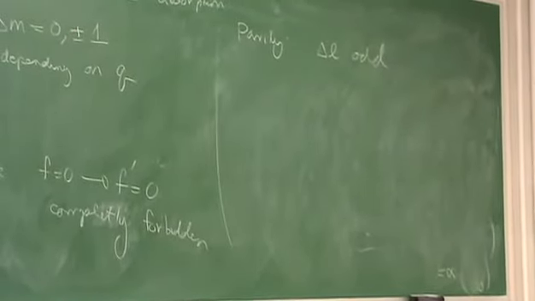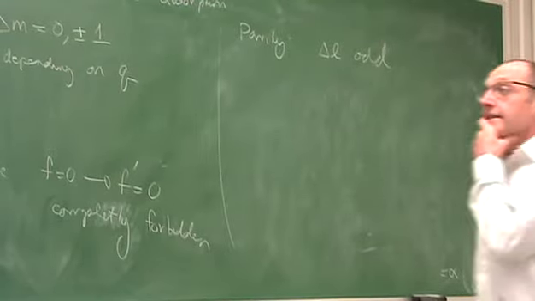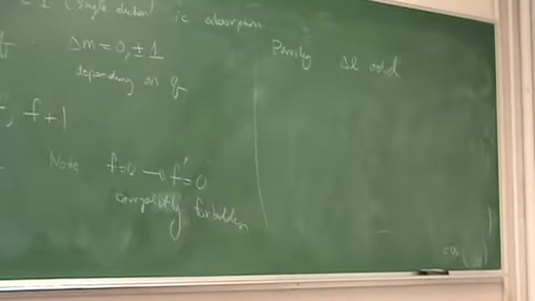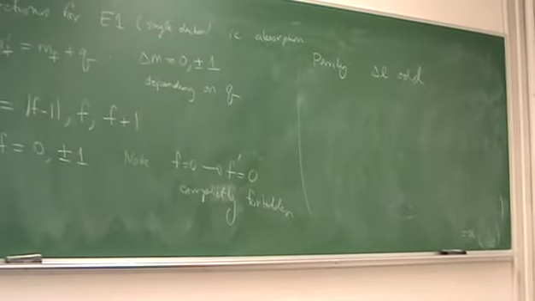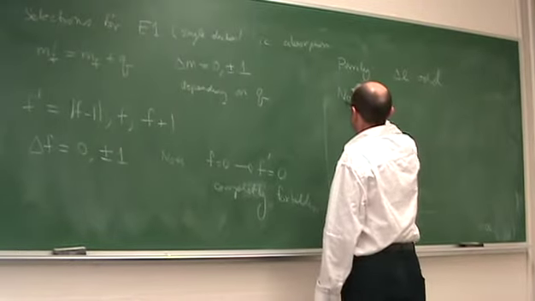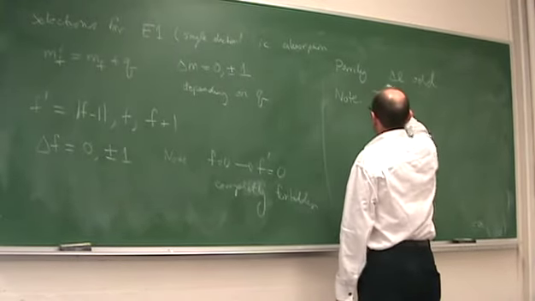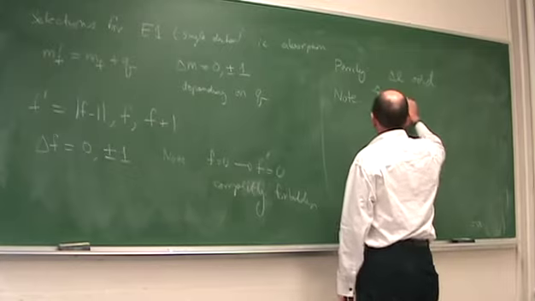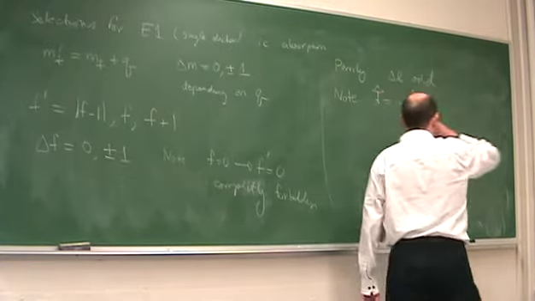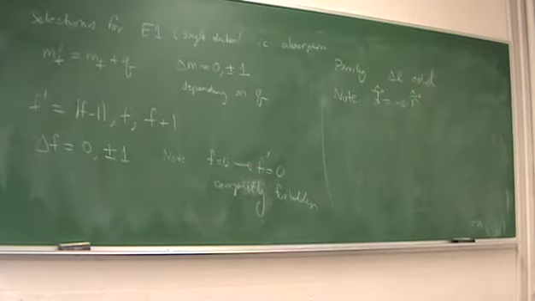However, there's more than that. What did I say here? Note, I didn't make this point here. What is D? D is the charge of the electron times the relative position of the electron to the nucleus.